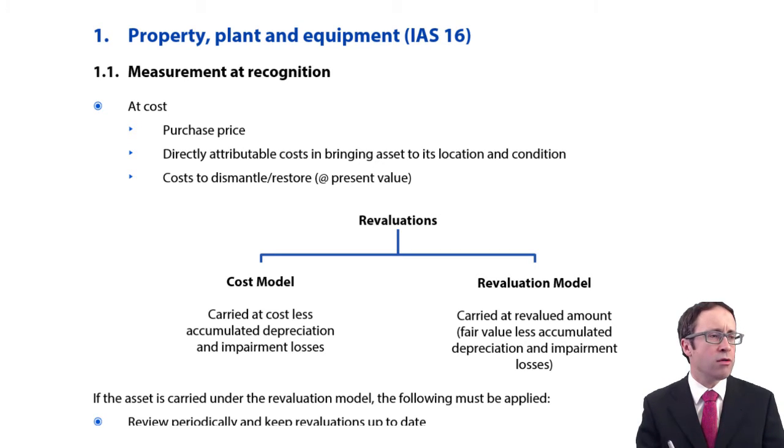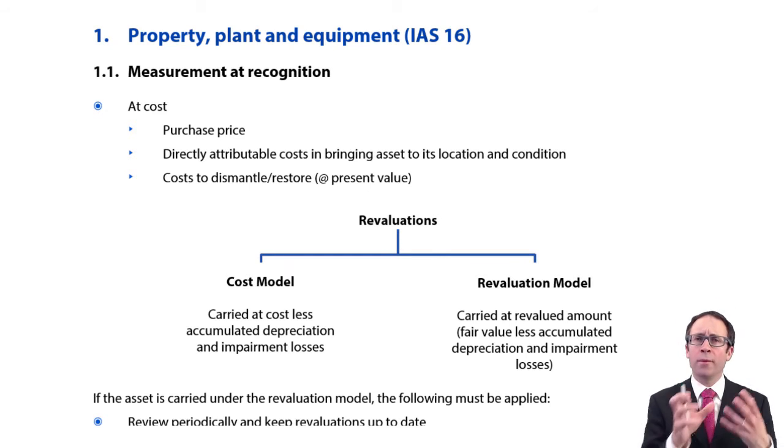You could also own some property, such as a warehouse or a factory that you're using to produce your goods, and you're going to use it for longer than a year. And plant and equipment is effectively the machinery that you have, isn't it, that produces your goods. But again, the key bit is that you need to be using them for more than 1 year. Hence why they're there within that non-current assets section.